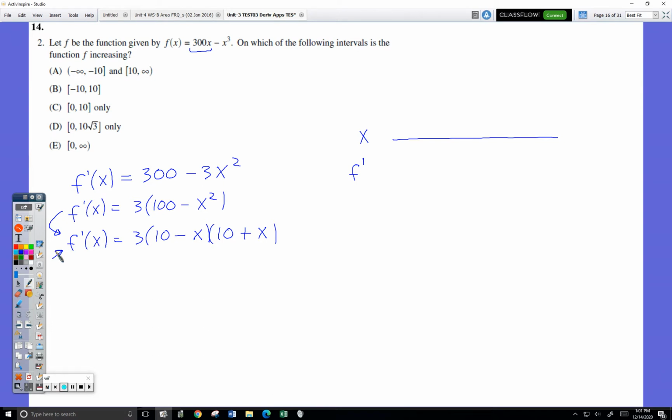The third step is to find the values of x which will cause f prime to be either 0 or undefined. So Avery, what are those x values? Good. So label the x values of 10 and negative 10 as the x values which will cause f prime to equal 0.